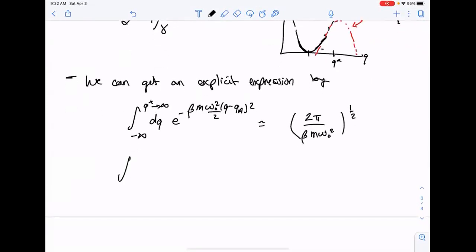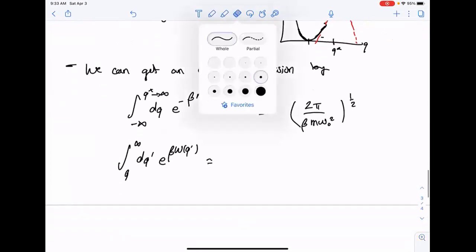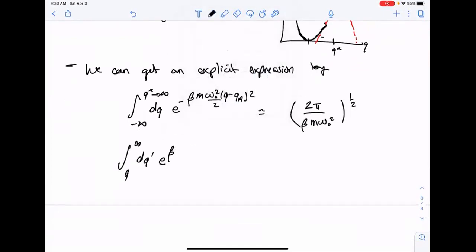The second integral has the exact same sort of form. Again, making the same sort of assumptions that the majority of that integral is dominated, let's go ahead and put in the explicit form: we have this constant, and then we have minus the mass of the particle, some barrier frequency, q less q star squared divided by 2.